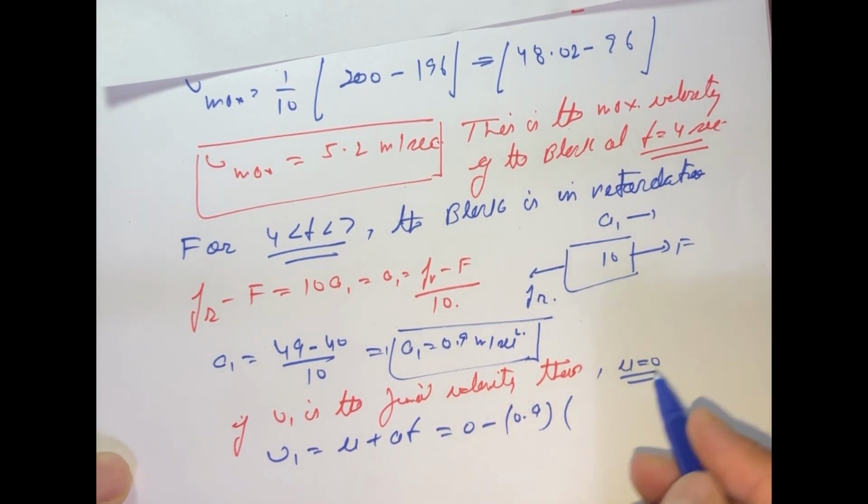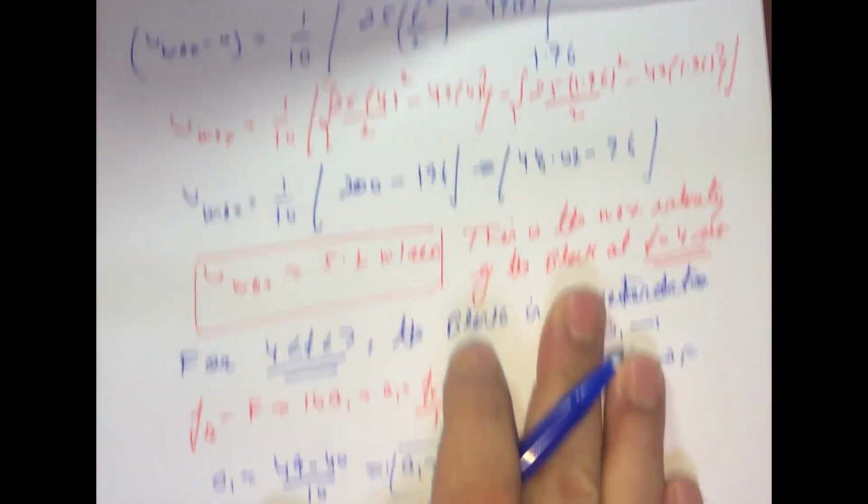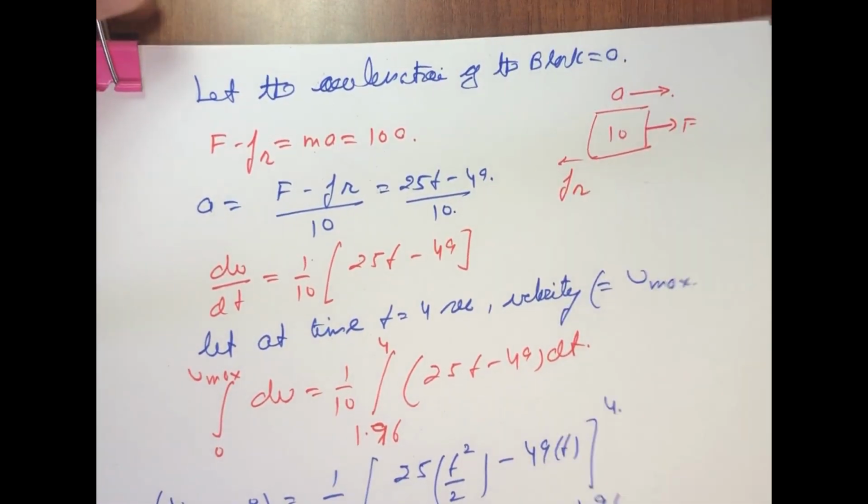Sorry, I made a mistake, u is not equal to 0. Okay, let me put it again, because as the block is already in motion, the initial velocity will be equal to the maximum velocity.